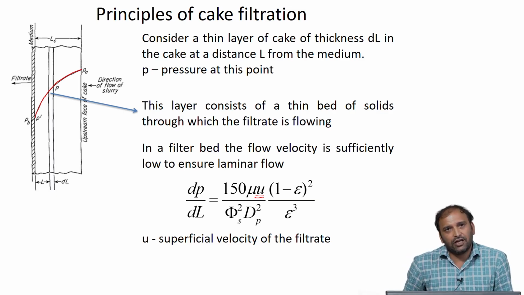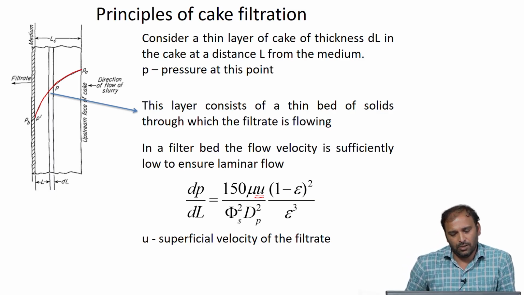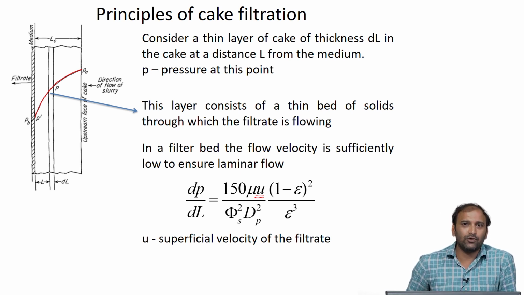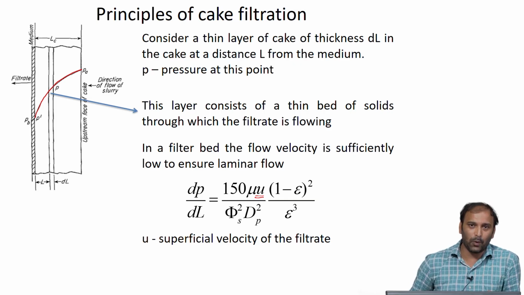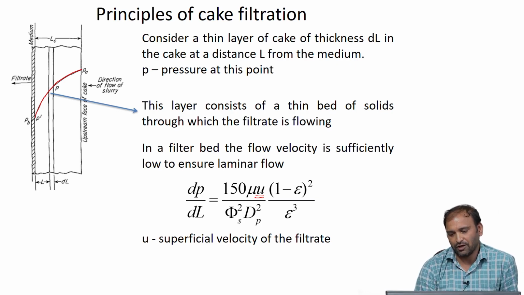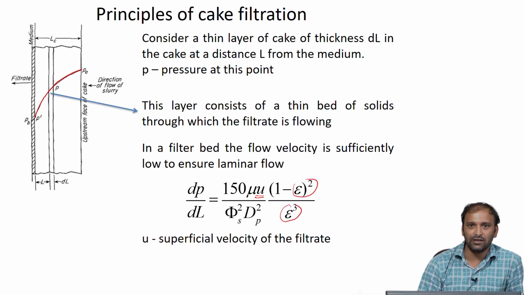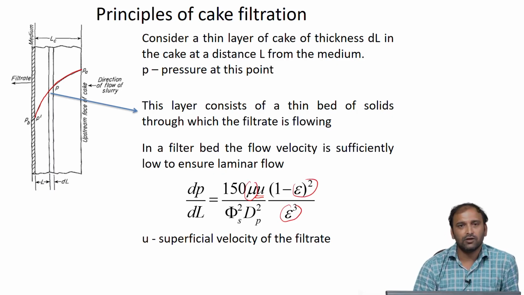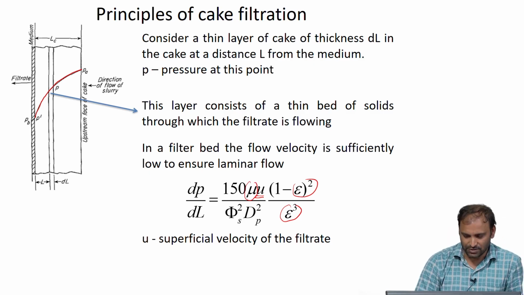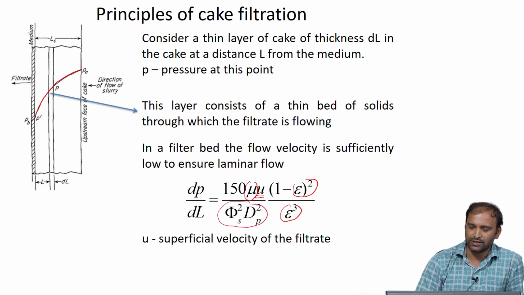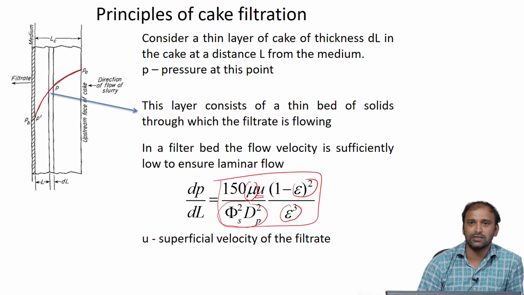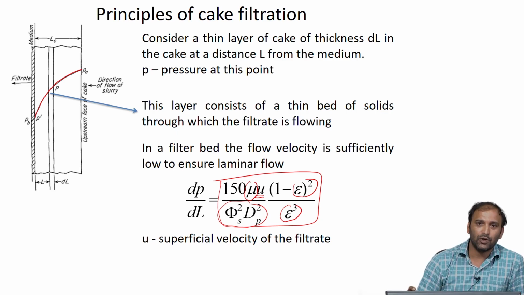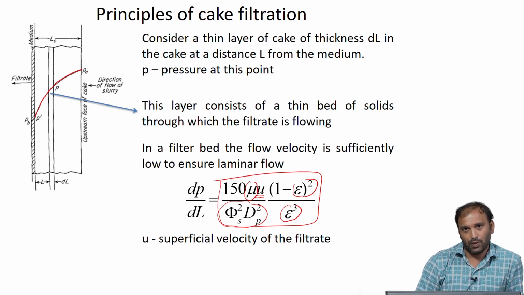Now if you look at conventional packed beds, you would expect the pressure drop to vary linearly with the length of the packed bed, because with a certain kind of packing the porosity is typically constant, and mu, the viscosity of the fluid, is constant. And if you're working with rigid particles, all these terms are essentially constants, and that gives rise to a linear variation of pressure with distance.